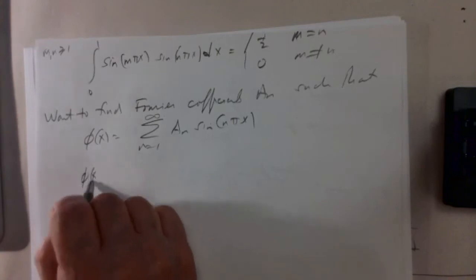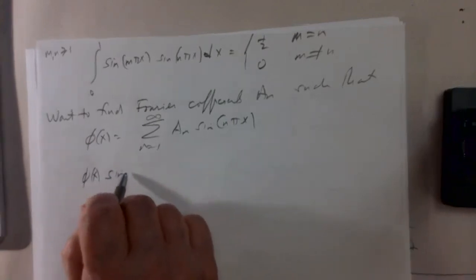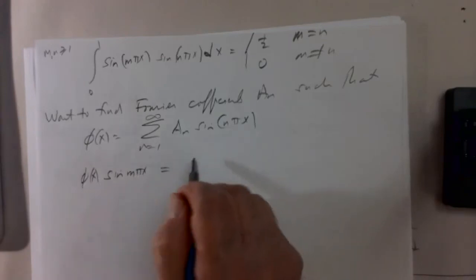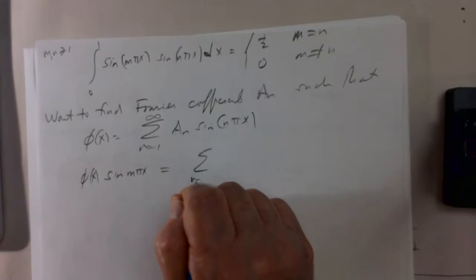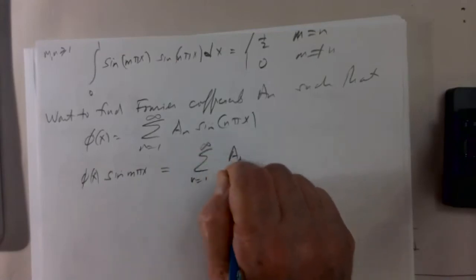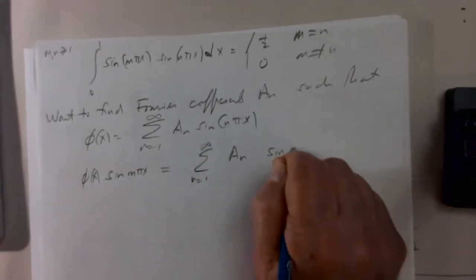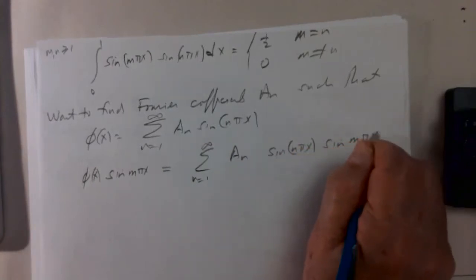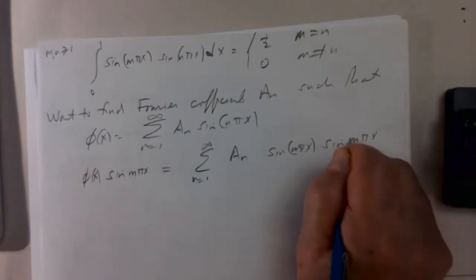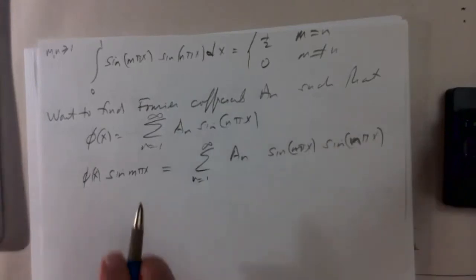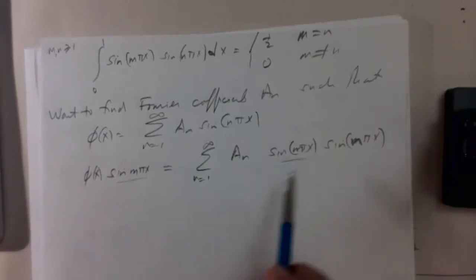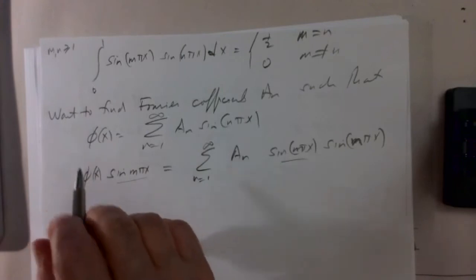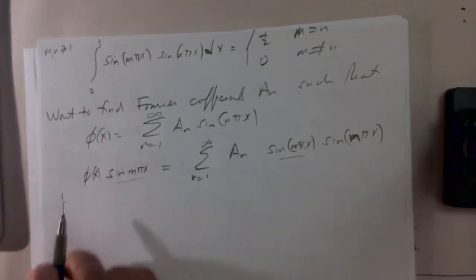Suppose I take phi of x and I multiply it by sine m pi x. So this is the summation of a_n sine n pi x times sine m pi x. I just multiply through by this number. And then I integrate from 0 to 1.